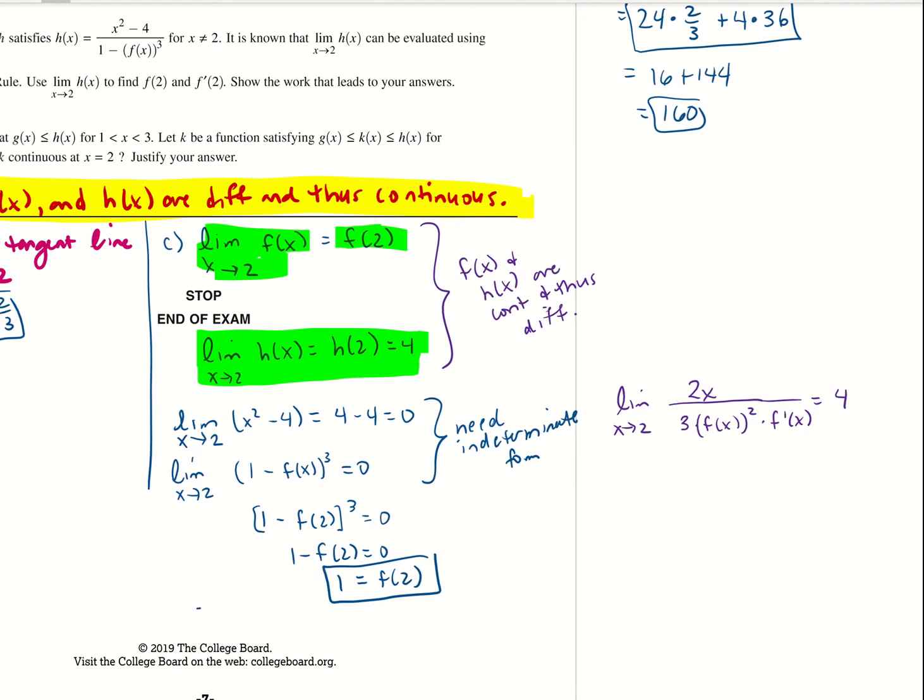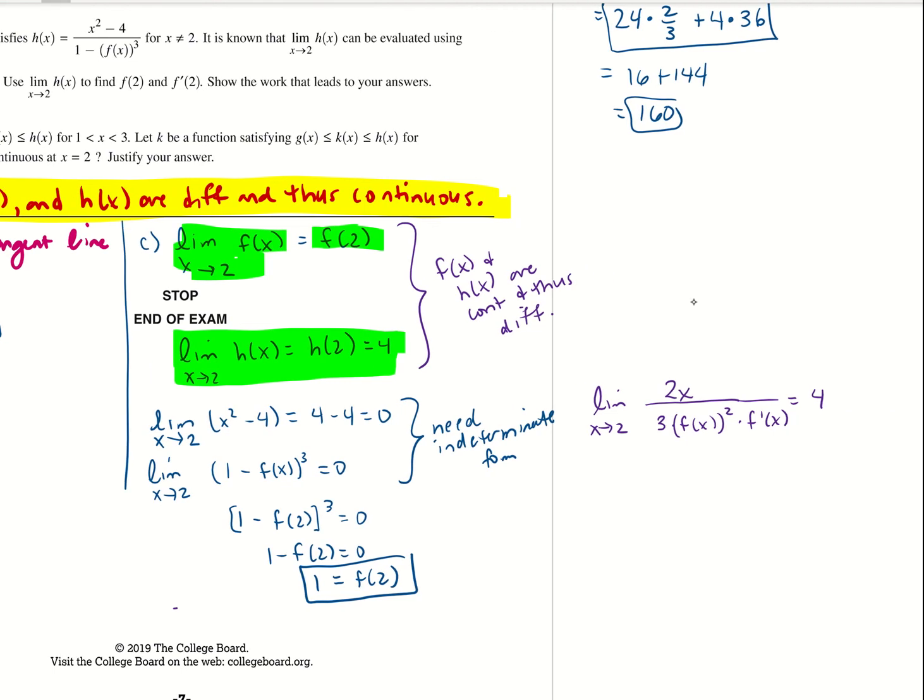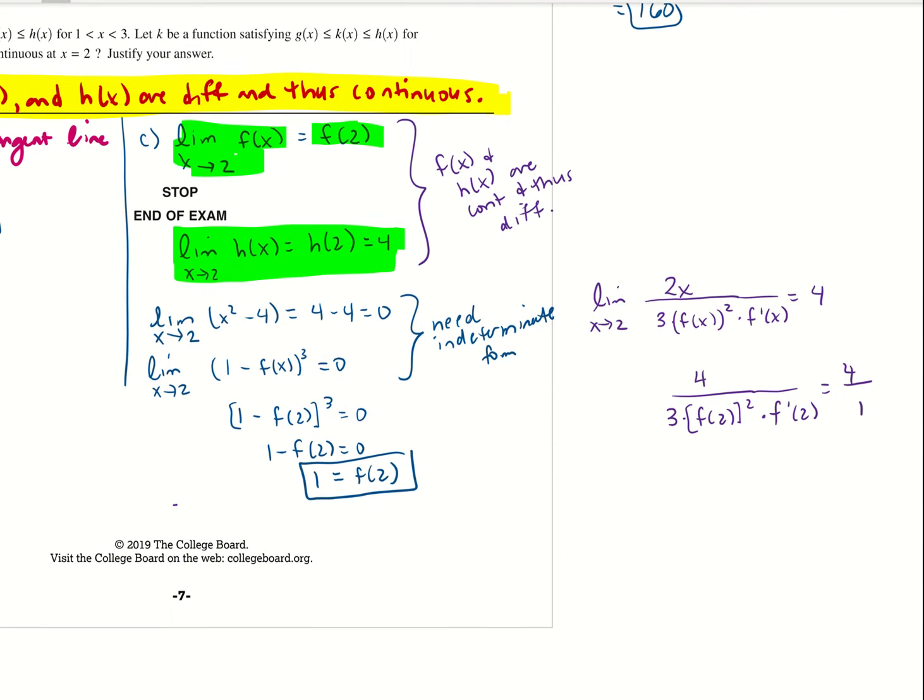Well, if I substitute in now a 2 for each of these, I can get an equation. So on that numerator, 4 is over 3 times f of 2, quantity squared, times f prime of 2 should equal 4 over 1. Well, that means the denominators have to be equal.